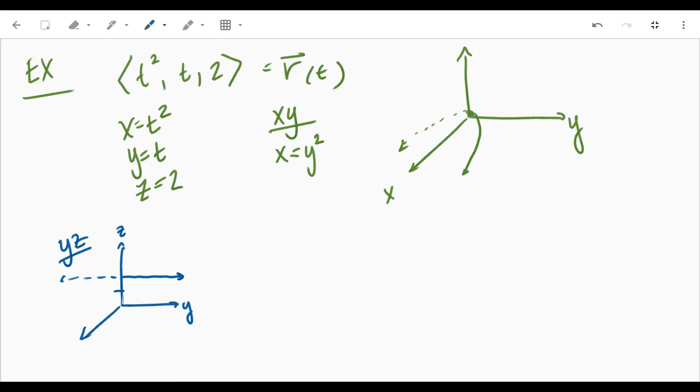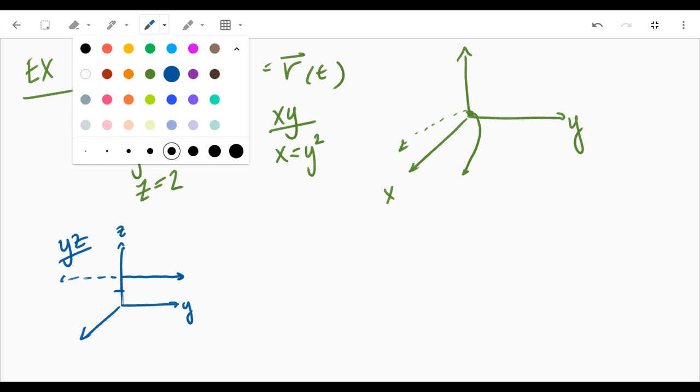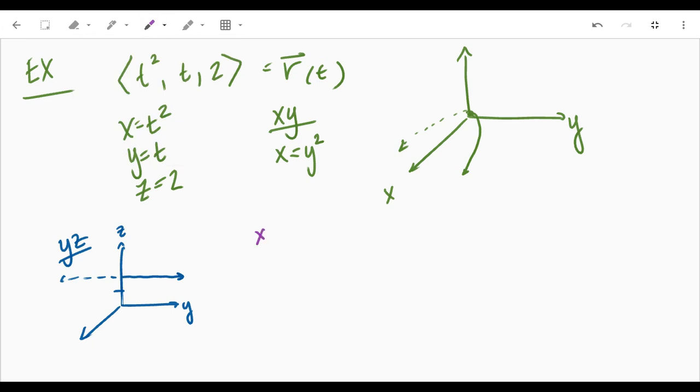And then you're going to get in your xz plane, x is t squared and z is 2. That's also just going to be linear. Don't let the t squared fool you. You're going to have x, y, z. Z is always going to be 2, and x is going to be whatever t is squared. And then that's the projection.